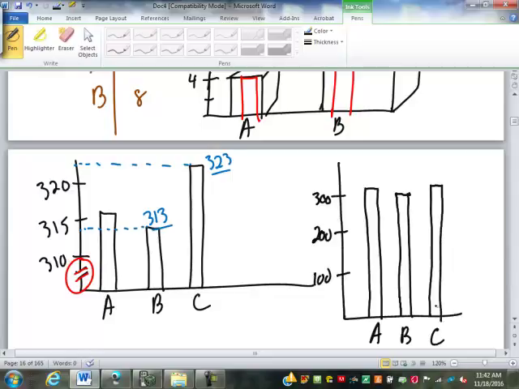I mean, C is still the tallest, but you can see in this graph that they're all really close to the same size.